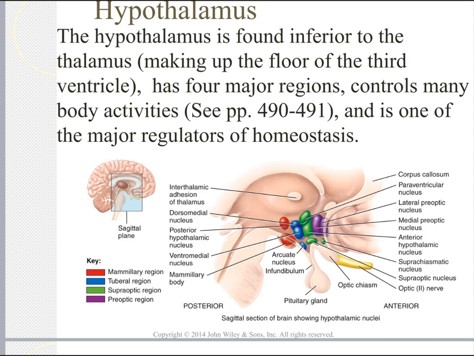Let's take a little look at some of the regions. If we look at our key down here, the red is the mammillary region, which is responsible for recollective memory. Now, we go back to memory: information begins within the hippocampus and then really gets stored here for recollection, so remembering those memories.